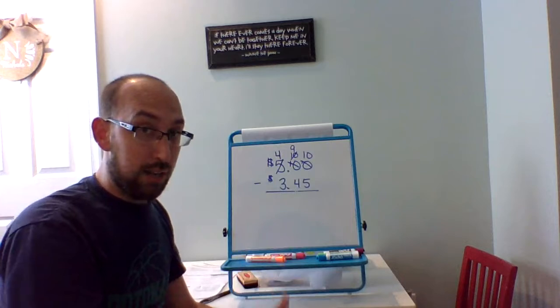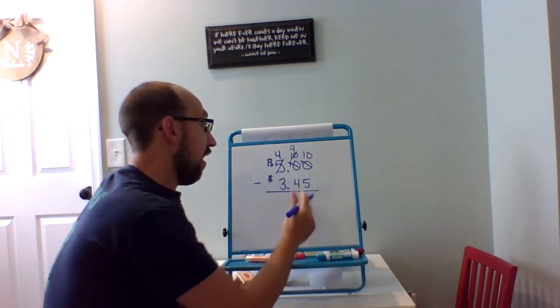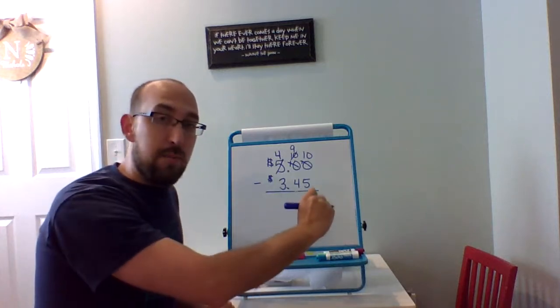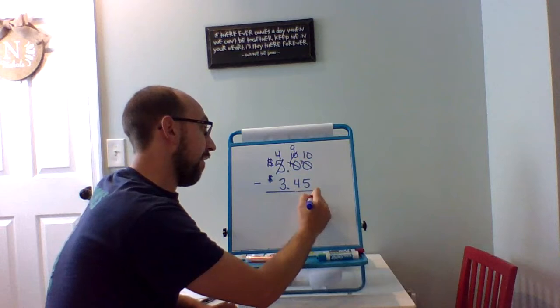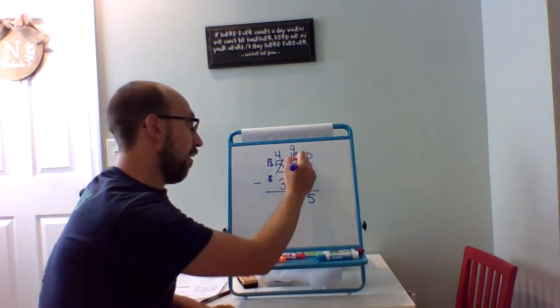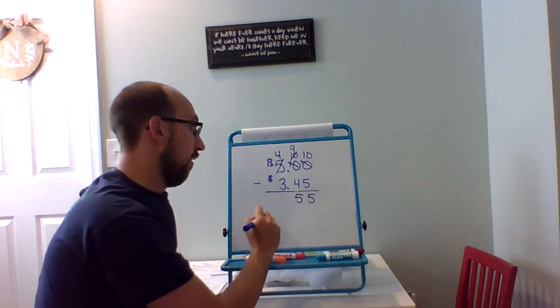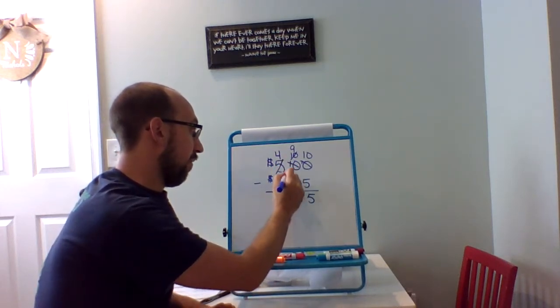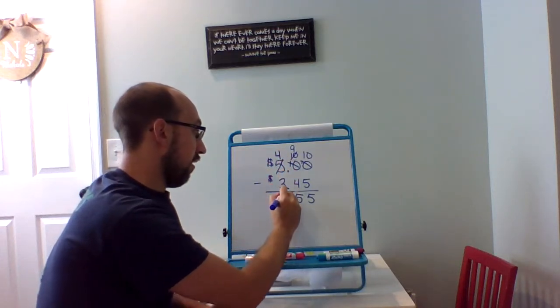I can just subtract from the 1s, the 10s, and the 100s. So 10 minus 5. If you don't know that right away, go ahead, draw a number line, and go ahead and subtract. So 10 minus 5 is 5. 9 minus 4 is 5. The decimals, I want to carry those down. And then 4 minus 3 is 1.